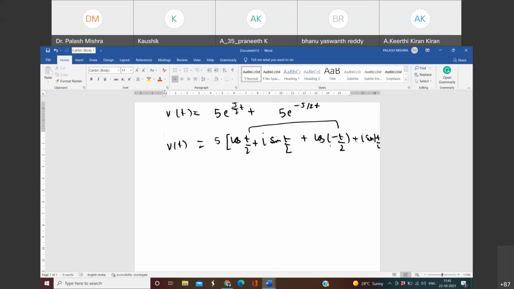These two are equal, but the sine terms will get cancelled off. So the answer, I suppose, will be 5 times 2 cos t by 2, which is 10 times cos t by 2. Is it correct or not? I suppose it is fine.